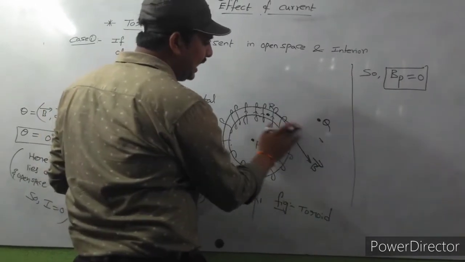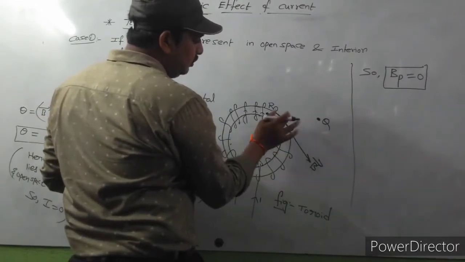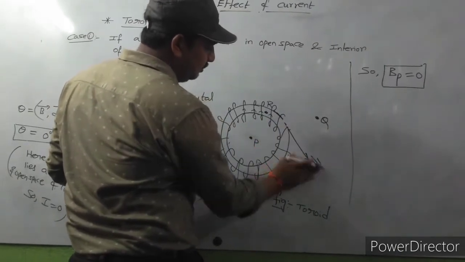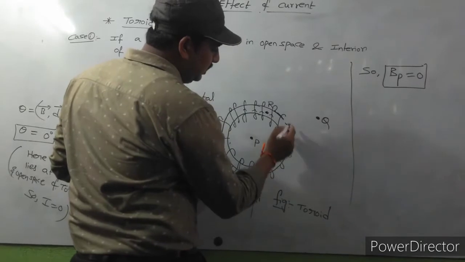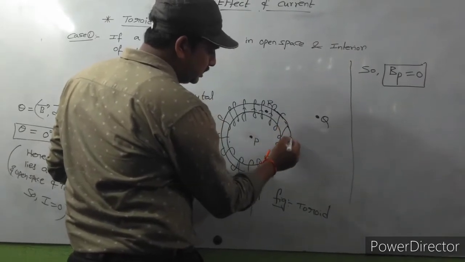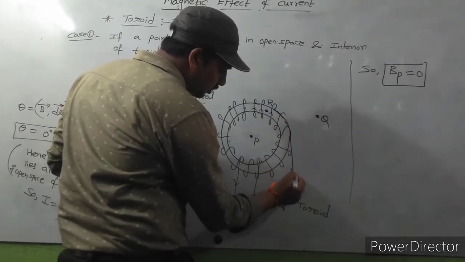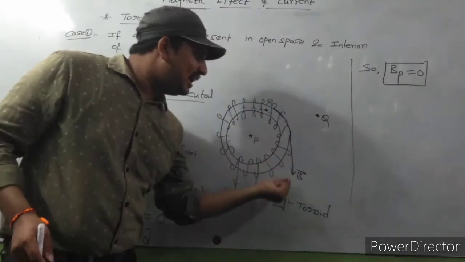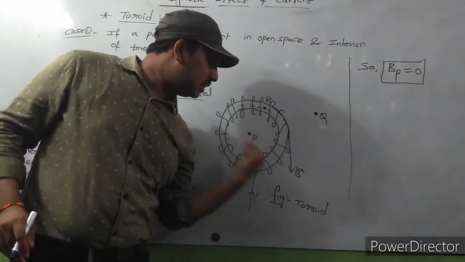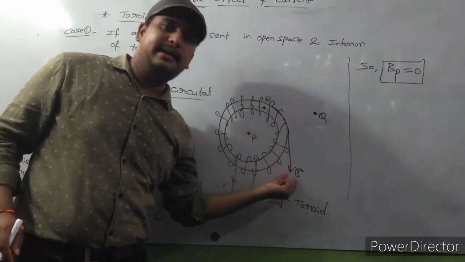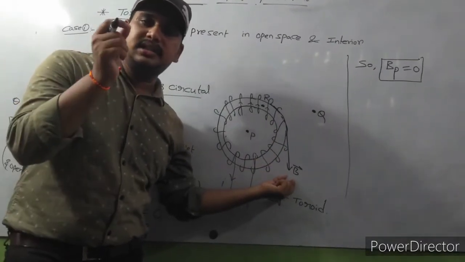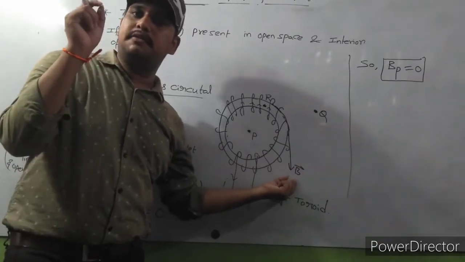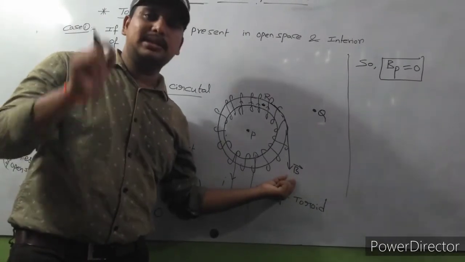If you draw the tangent to the circular path, for example, observe carefully, this is the direction of magnetic field. If you draw the touching line to the circular path, we get the magnetic field direction. The touching line is called tangent. The direction of magnetic field is tangent to the circle.